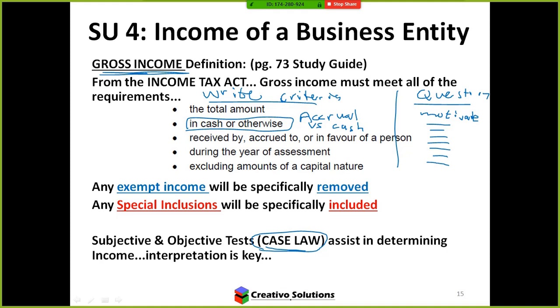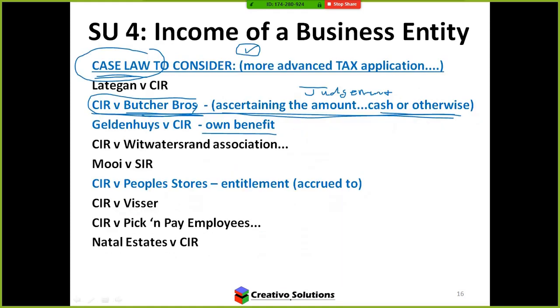In other words, if I sell something on credit, I haven't received the cash. So is this still considered income? Well, obviously, because it's otherwise. Does that make sense? So accruals are still included as part of income. I said cash, sorry, as part of income.